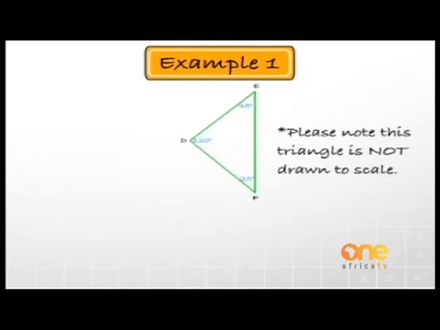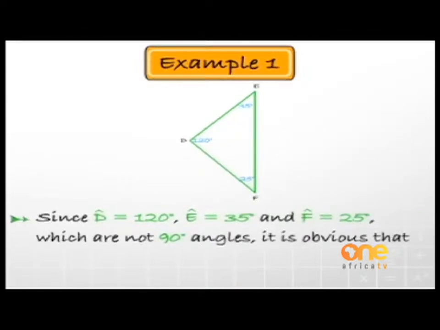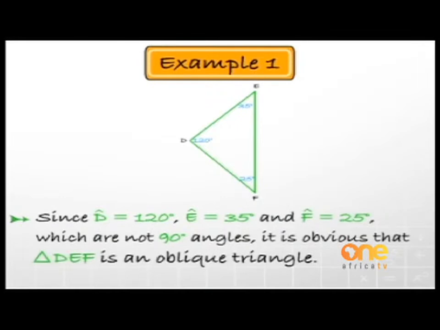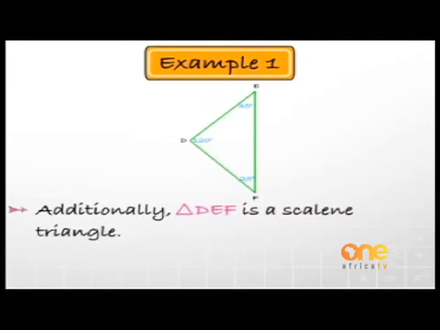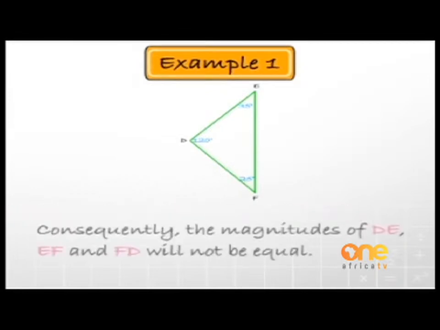So, since angle D is equal to 120 degrees, angle E is equal to 35 degrees, and angle F is equal to 25 degrees, which are not 90-degree angles, it is obvious that triangle DEF is an oblique triangle. Additionally, triangle DEF is a scalene triangle, and consequently the magnitudes of side DE, side EF and side FD will not be equal.